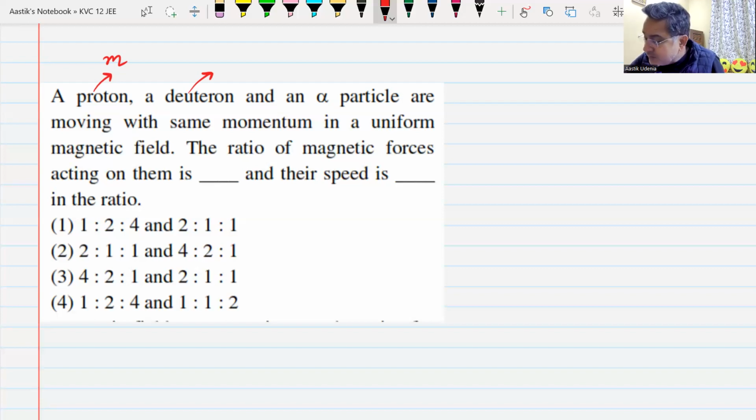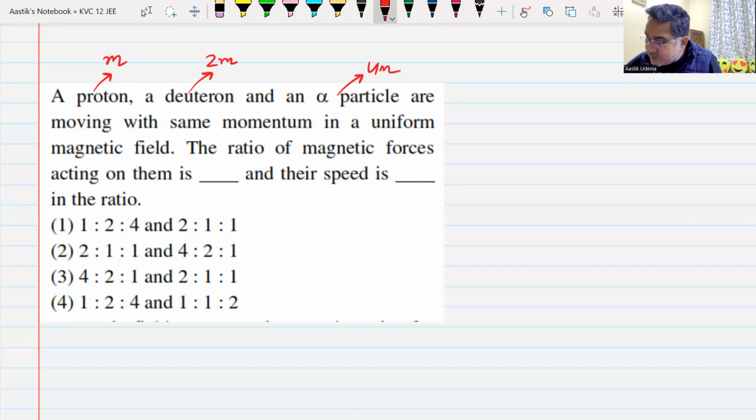No one knows it? It is 2 times of m. A neutron consists of 1 neutron and 1 proton. Then what will be the mass of an alpha particle? I gave that to you. Do you remember it? 4m. It would be 4m.